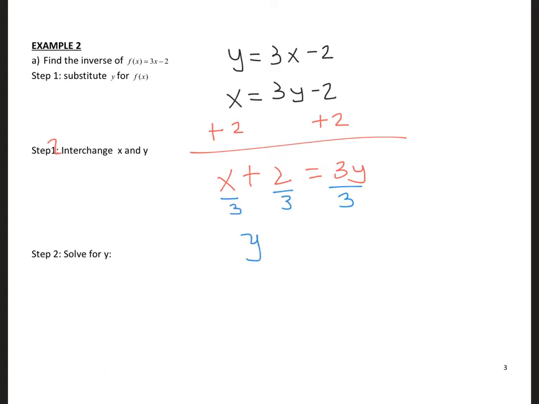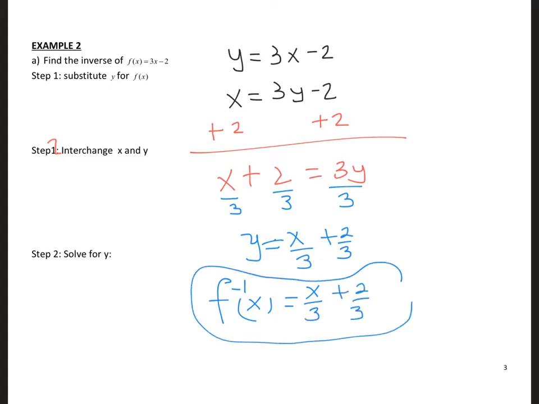So I get y is equal to x over 3 plus 2 over 3. I'll write it now in notation form: f inverse of x is equal to x over 3 plus 2 over 3. So that's the answer.